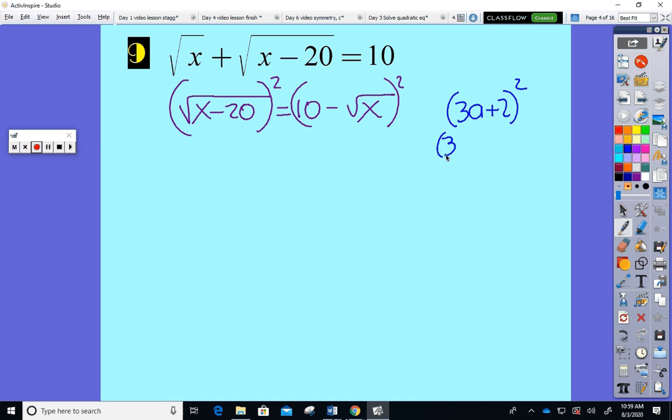All right, what we're trying to get rid of is this. We don't want to do this. It takes time, and there's a faster method. So first would be 9a squared, right? And then when you do outer 6a, and when you do inner 6a, right? So that means I'm getting 12a. And when you do last, you've got plus 4.